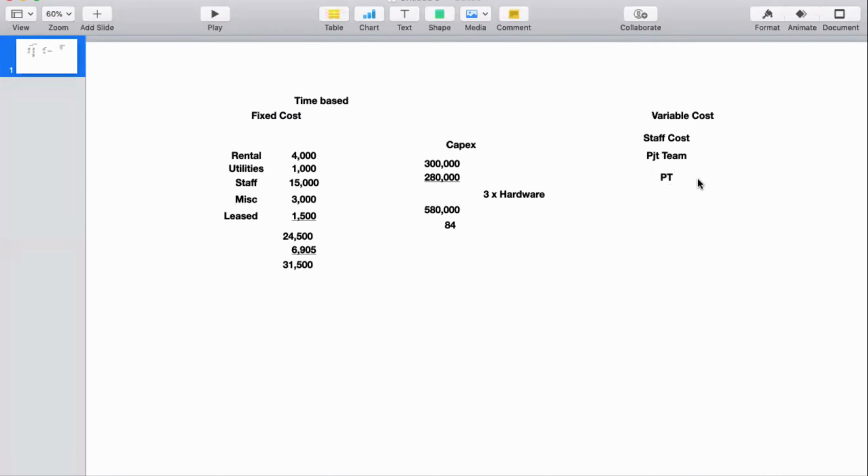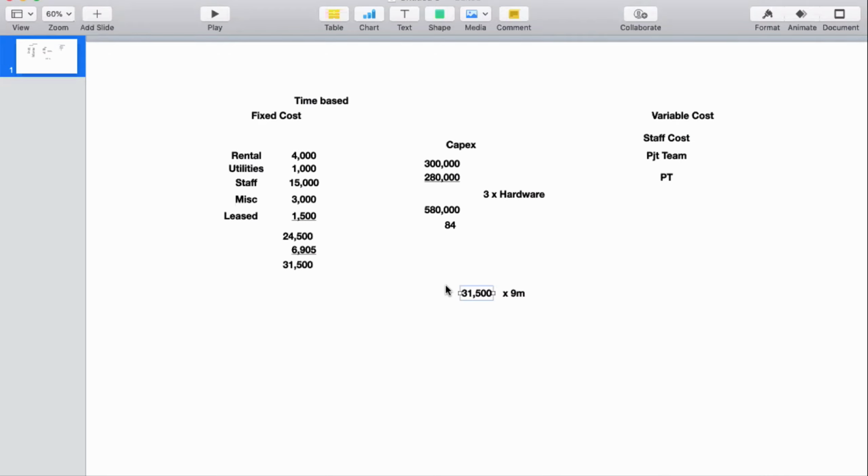So I can calculate this, right? But don't forget, this is per month. So for this project, how long will I do it? We estimate this project will take about 9 months. So I do this 31,500 times 9 months. This is my cost per month.